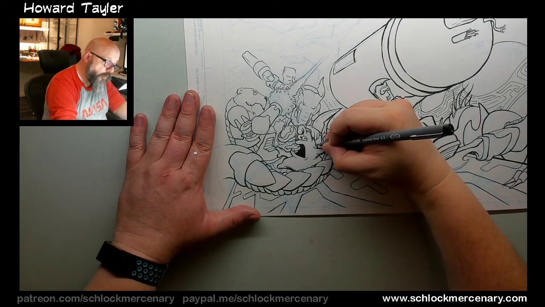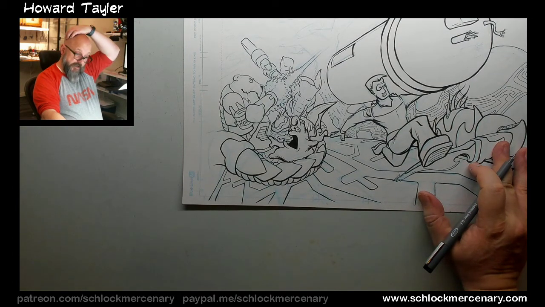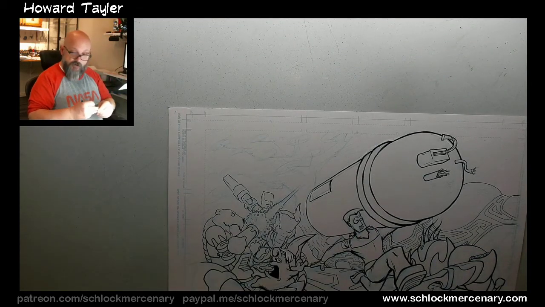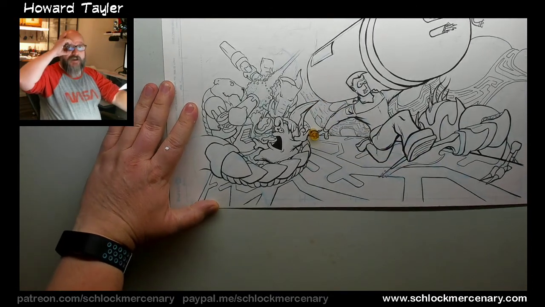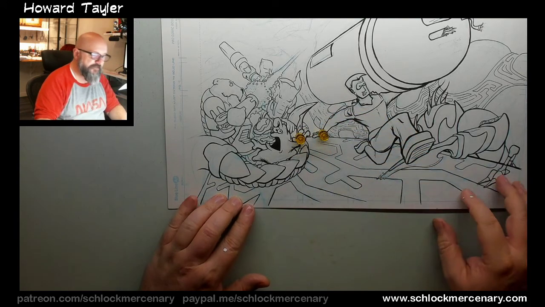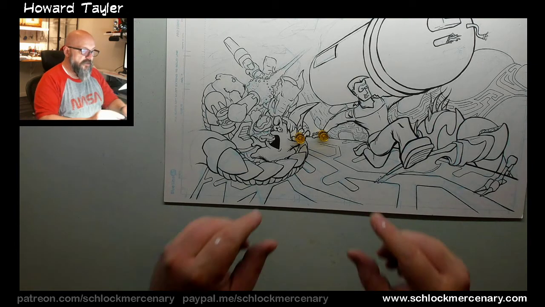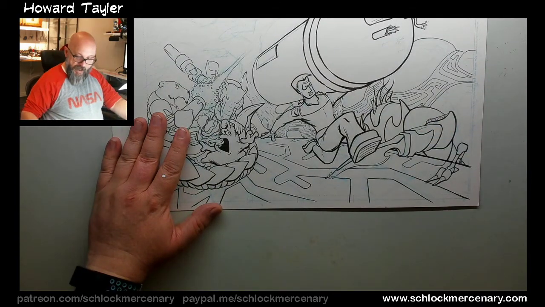Oh. Super, super important principle here that we need to touch on. The center emotional point of this whole picture is right there. That's Schlock's hand and Tagon's hand, and I need to make sure that when this is colored, those items haven't fallen out of focus.